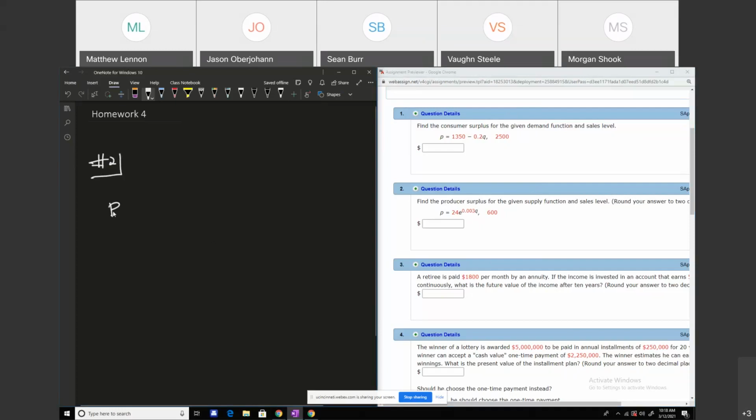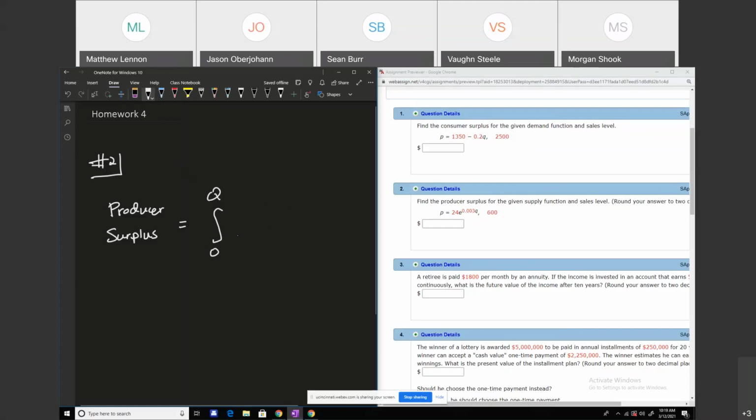So the producer surplus, that's given by the formula, the integral from 0 to capital Q, I believe.